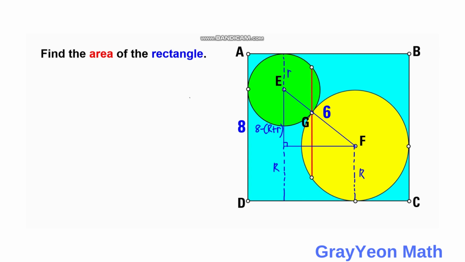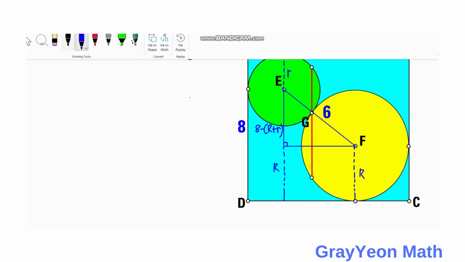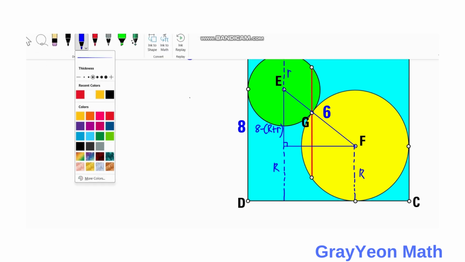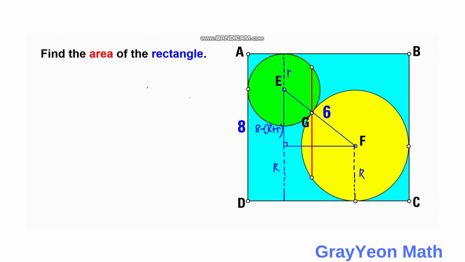Okay, so next we focus on the hypotenuse. We have set the radius of the smaller circle to be small r, and the larger as capital R. So the hypotenuse is simply R plus r.